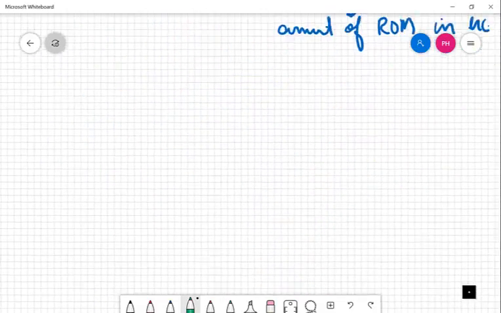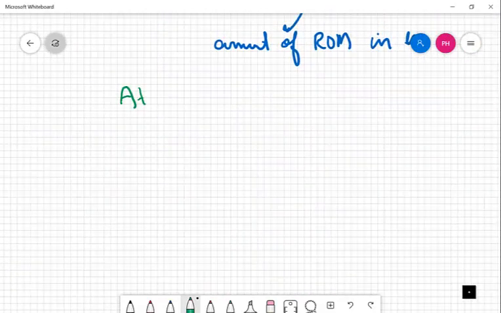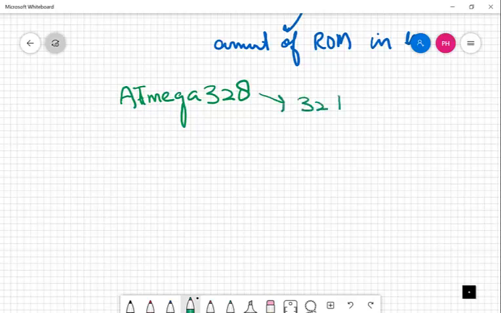So in the next lecture, we'll be formally discussing ATmega328. It belongs to the Mega family of AVR microcontrollers. As I have already told you, the biggest power of 2 reading from left to right tells us the amount of ROM, so this microcontroller has 32 kilobytes of ROM.